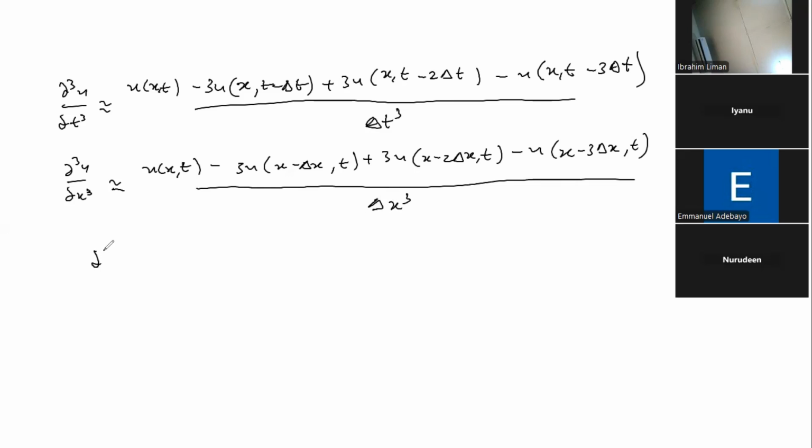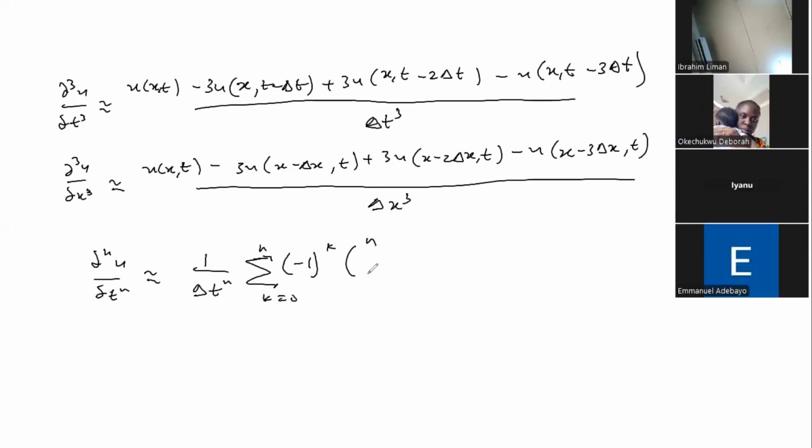So that the nth derivative in t will be approximately 1 over Δt^n, sigma k from 0 to n, minus 1 to the k, combination n k, u(x, t minus kΔt).